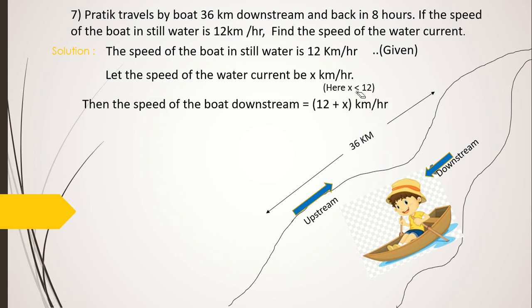Now see, this x has to be less than 12. The speed of the water current has to be less than the speed of the boat, otherwise the boat will not be able to go upstream if the motor is not that powerful. So x has to be less than 12.